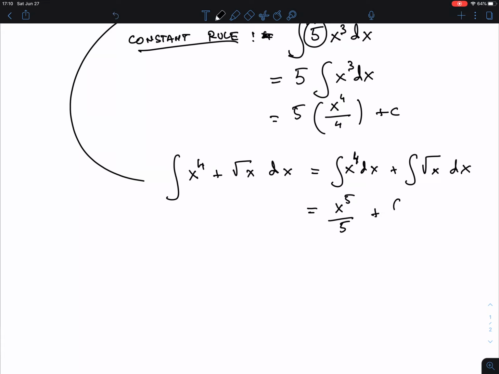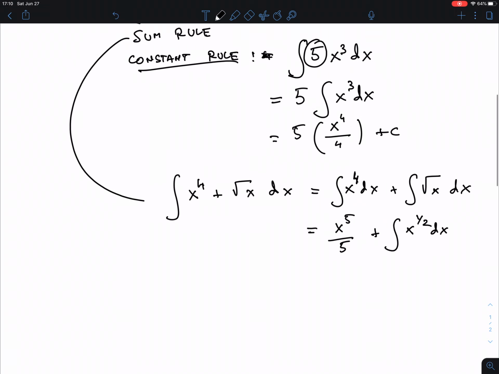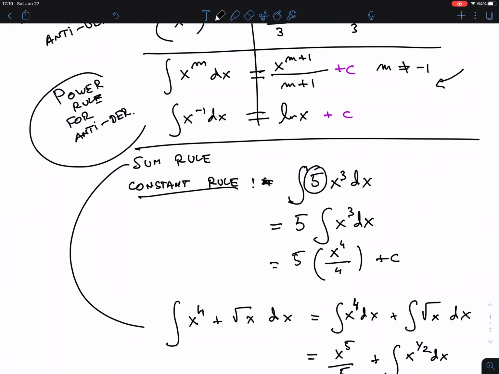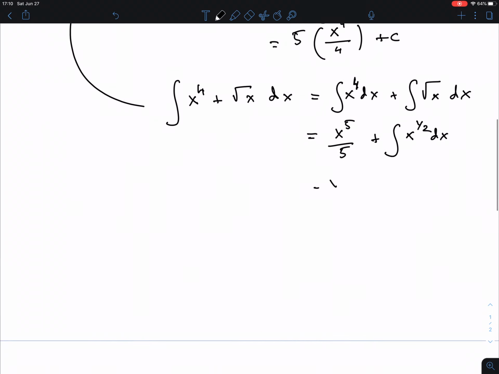So let's write that. What is the exponent here? A half, right? And I told you this power rule works for any m as long as m is not negative 1. So what we get here is x to the 5th over 5 plus, add 1 to the exponent, a half plus 1. I hope everybody agrees it's 3 halves, divided by 3 halves, plus a constant.